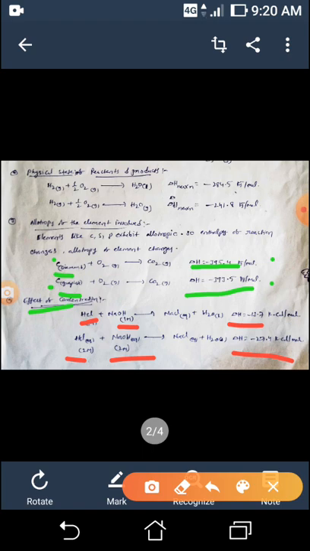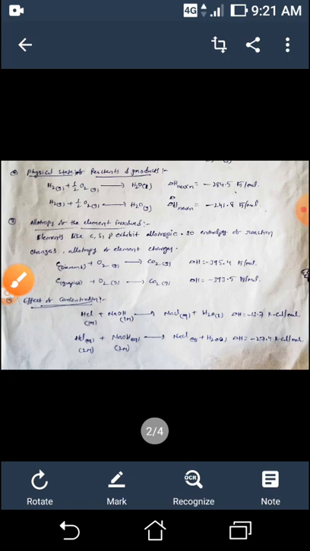That means minus 27.4 kilocalorie per mole. That means as the concentration changes, the enthalpy of reaction also changes.